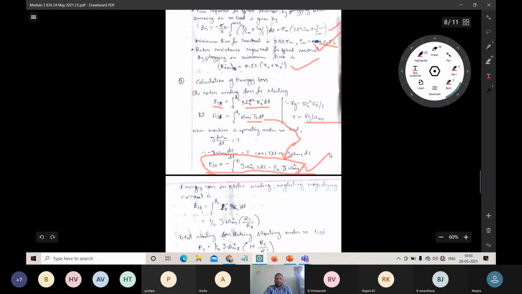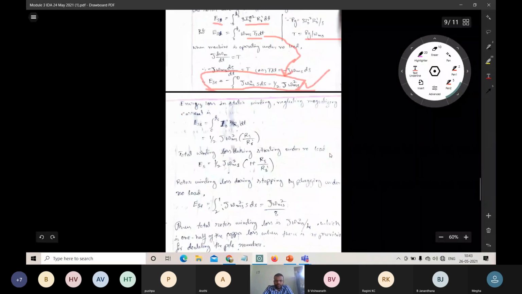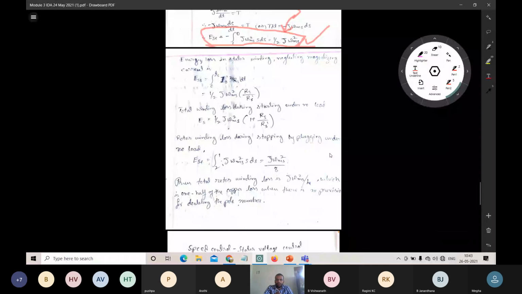So one more time, when we consider the motors under no load condition. Here the energy loss, as we discussed earlier, is in the stator winding as well as the rotor winding. First we discussed the rotor winding.